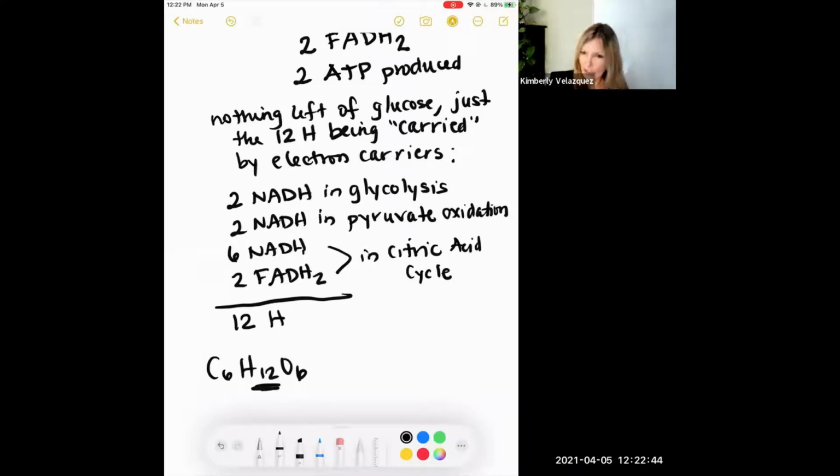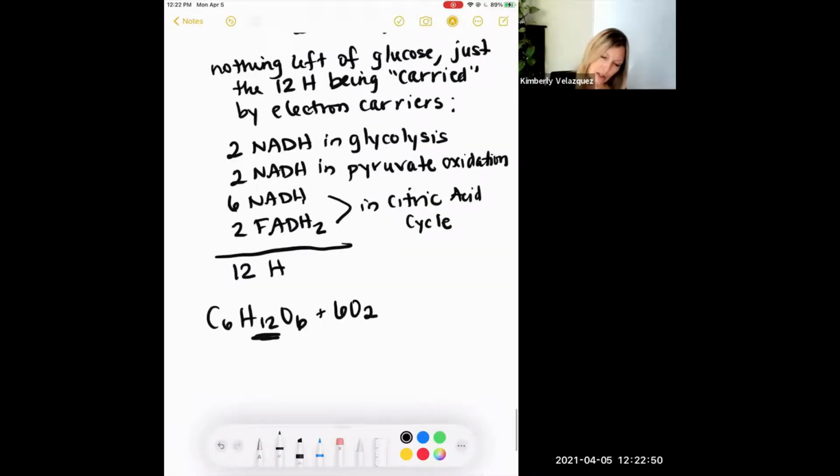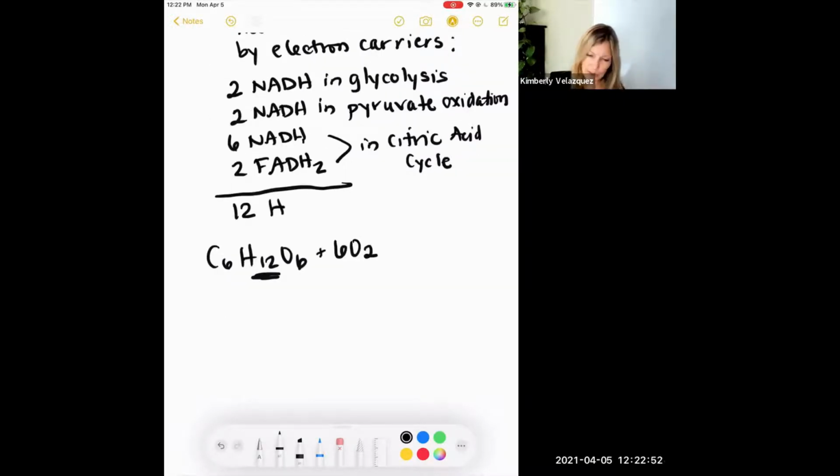This carbon and oxygen were released as CO2 along with part of the oxygen. So remember, the reactants include not only glucose, but 6 oxygens. The way this works, 6 O2s, that's 12 oxygens, plus 6 oxygens in glucose, so that's 18 oxygens total.